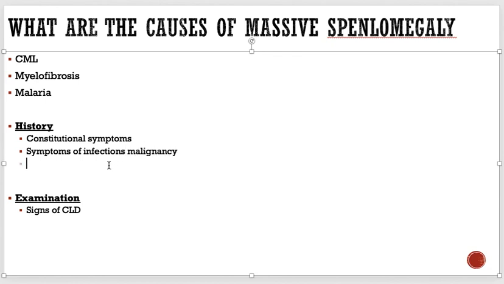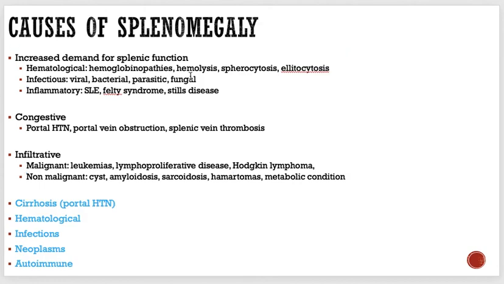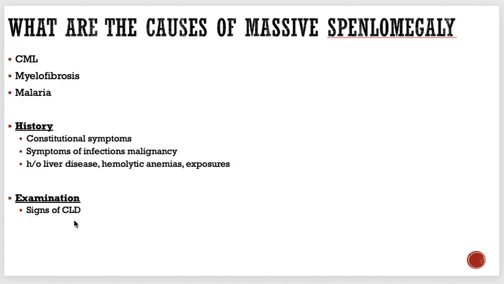Ask about history of liver disease, hemolytic anemias, or exposures. There are many causes, like all these things, exposures, TB, for example, malaria, for example.